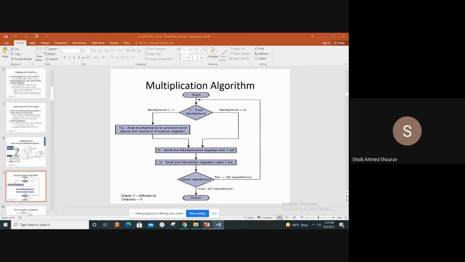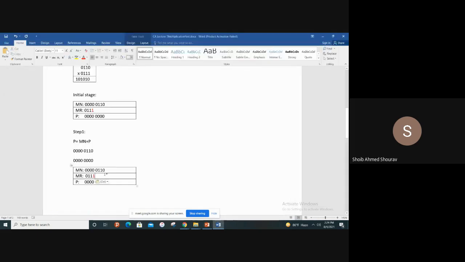So what we have done here is added the multiplicand to the product and placed the result back into the product register. Now we are going to shift left the multiplicand register 1 bit and shift right the multiplier register 1 bit. So we are going to shift left this mn, and you have to see that carefully.